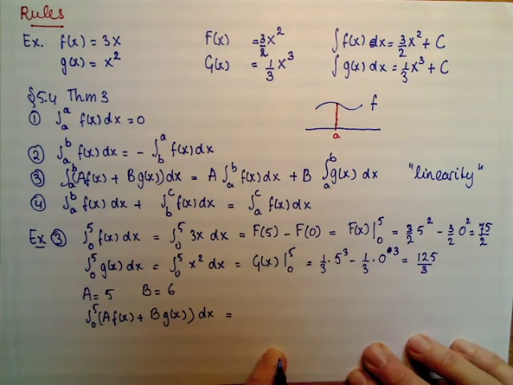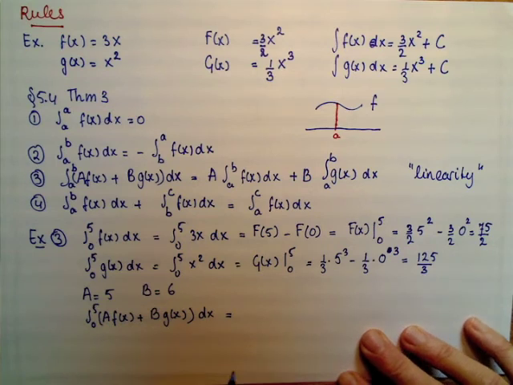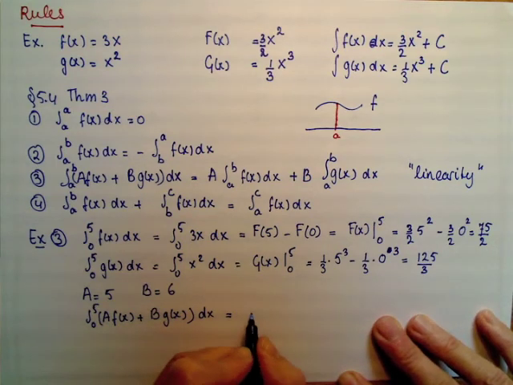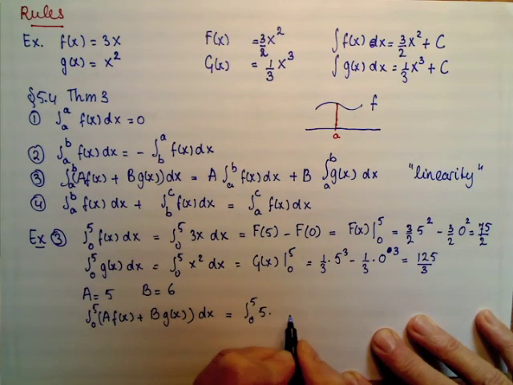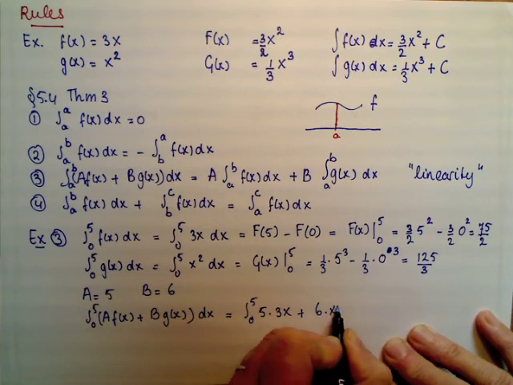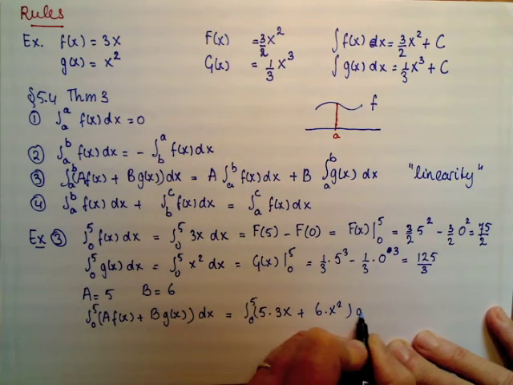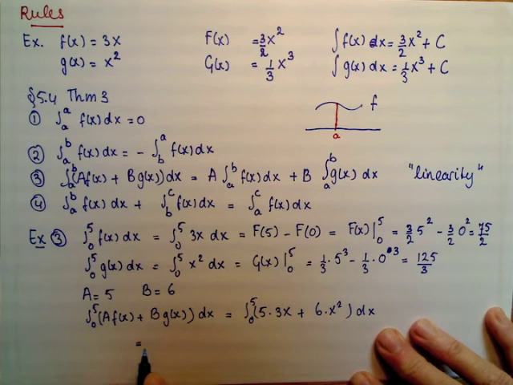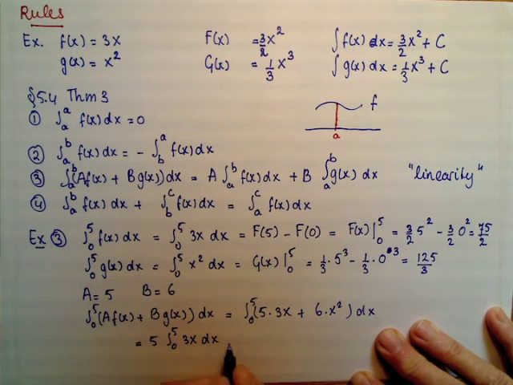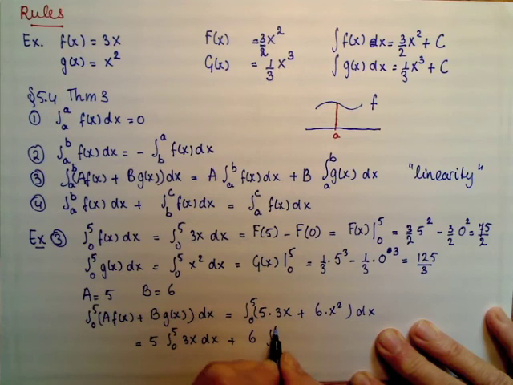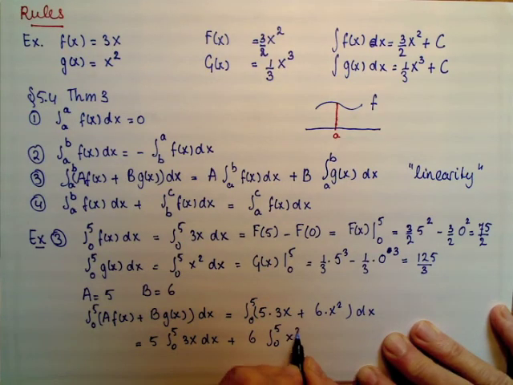So if we plug in our example functions f and g, we get the integral from 0 to 5 of our constant 5 multiplied by 3x plus 6 multiplied by x squared. According to the rule, this is 5 times the integral from 0 to 5 of our original function little f of x plus capital B, which is 6, multiplied by the integral from 0 to 5 of our function x squared.